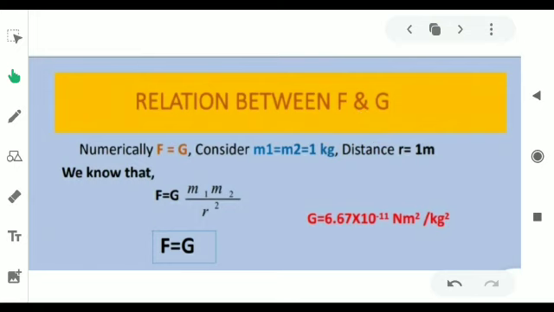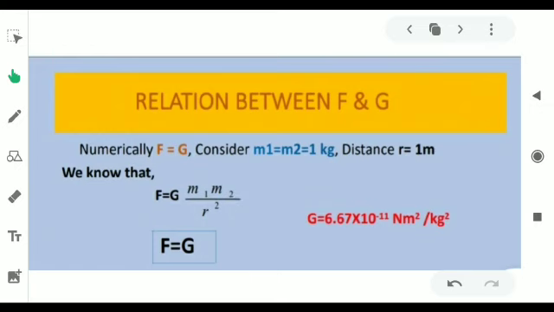Next, what is the relation between the universal gravitational constant and the gravitational force? Relation between F and G. Numerically we can write F is equal to G. How? We know that the gravitational force is F is equal to G m1 m2 by r square. In this equation, we give m1 equal to m2 equal to 1 kilogram and distance r equal to 1 meter, which means this entire quantity becomes 1.